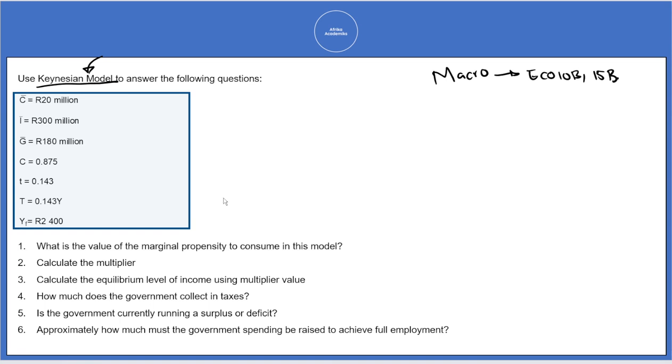This is a tool that economists use to determine the total production in the economy, right? If we want to know how much South Africa has produced, we will look at the Keynesian model. If you want to know how much total income there was in the economy, you look at the Keynesian model, right? It will give you all of that information about the economy.